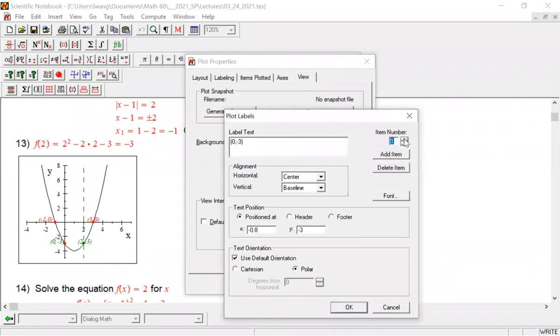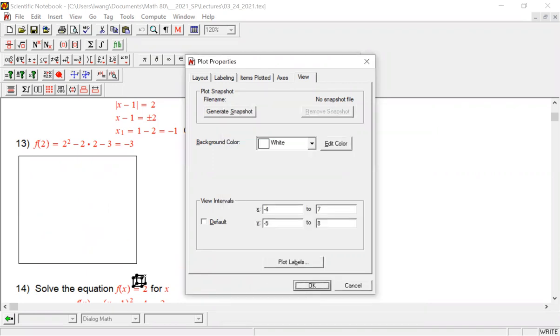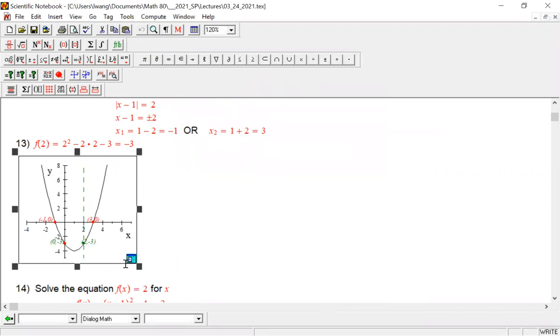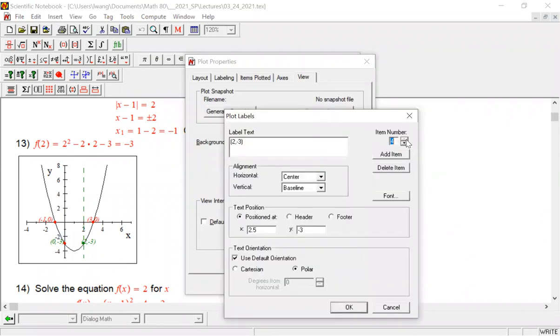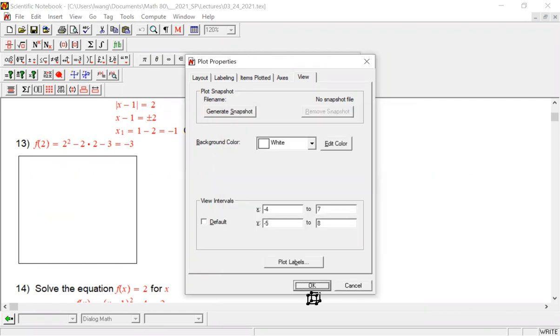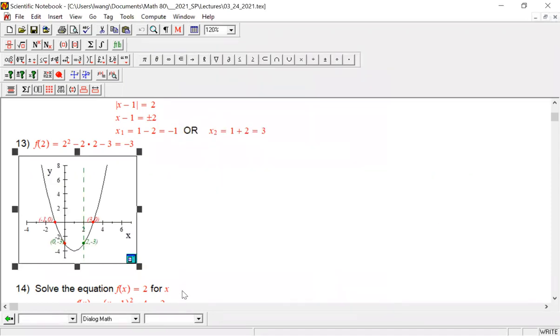Let me scoot over a little bit. Ah, it's even worse. But anyway, just give me a little more patience. Okay, let me make it like that. (2, -3). So right, that's the vertical cut.